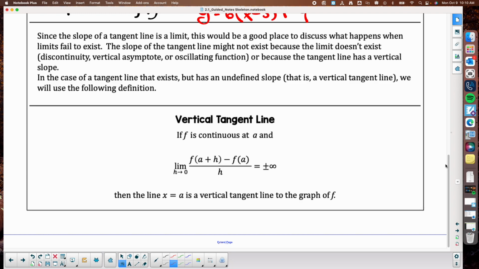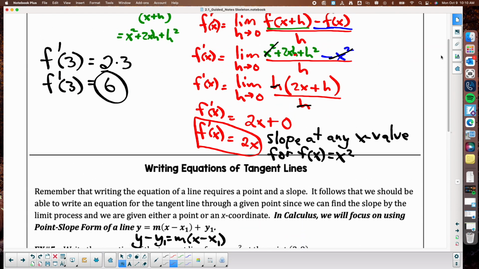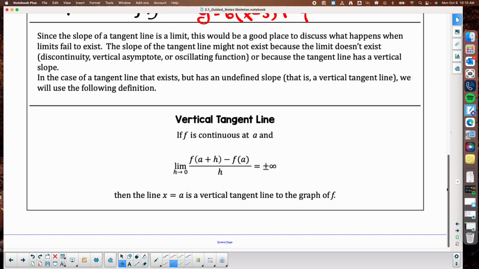Before we try one, this is just a reminder. If you go to figure out the slope and then find out it's a vertical asymptote, then that should just be a reminder that if your answer is infinity, it's a vertical asymptote type thing.